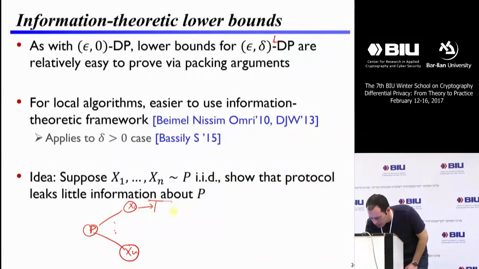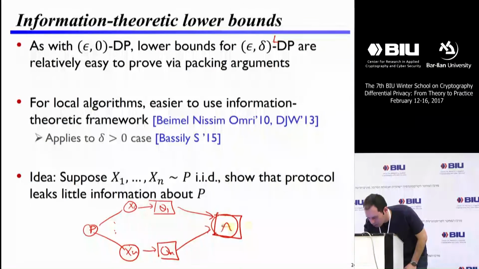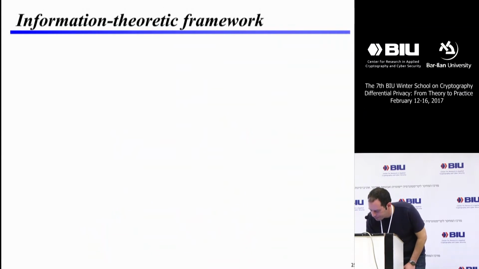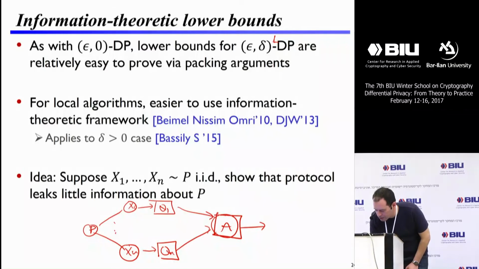Now these are going to be randomized, not necessarily using the same randomizer, but using some collection of randomizers. And then they're fed to the aggregator who produces some output. And what I'm interested in is how much information the output leaks about this input distribution.